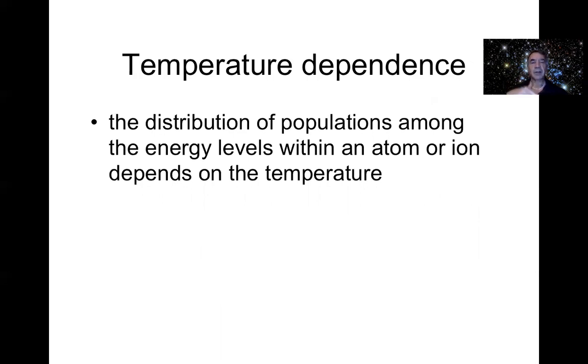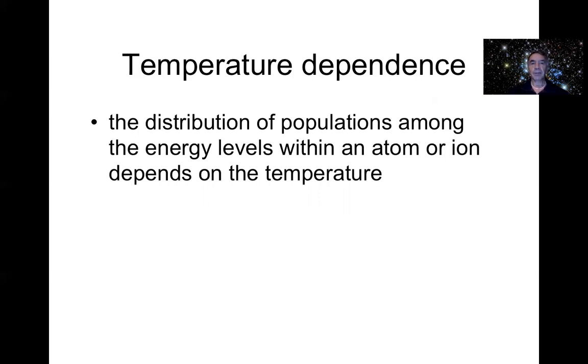So there's a certain probability of finding the electron in a particular level at any particular time. If you've got a whole bunch of hydrogen atoms, they're not all going to have electrons in a particular level. There'll be a distribution, but there'll be a well-defined probability associated with that, and that depends on temperature.